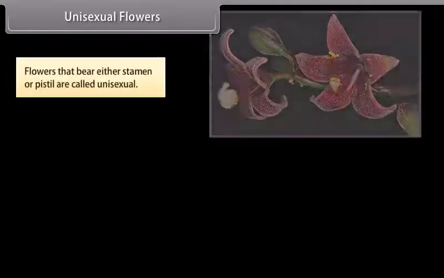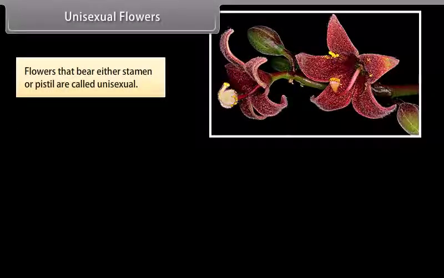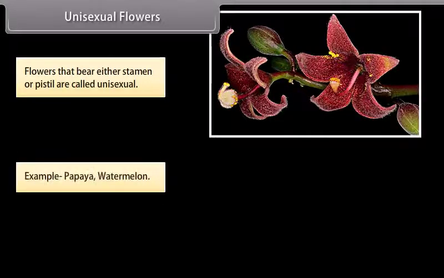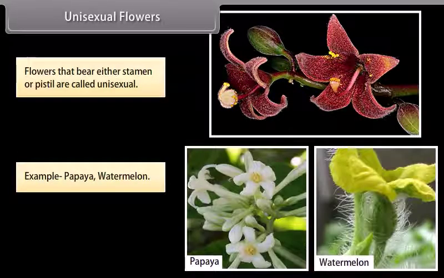Unisexual flowers. Flowers that bear either stamen or pistil are called unisexual. Example: papaya, watermelon. Bisexual flowers.